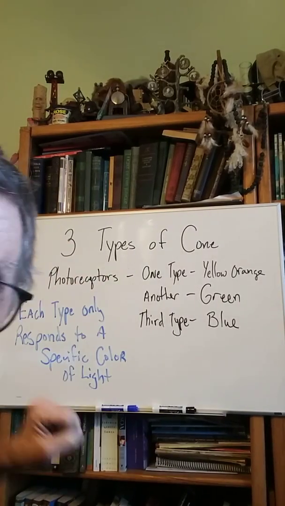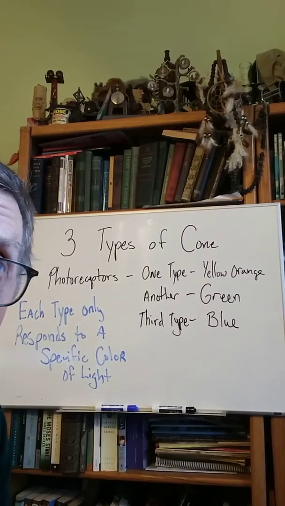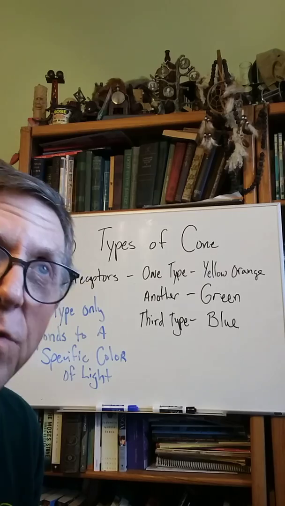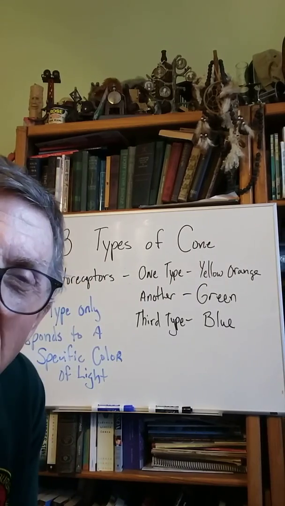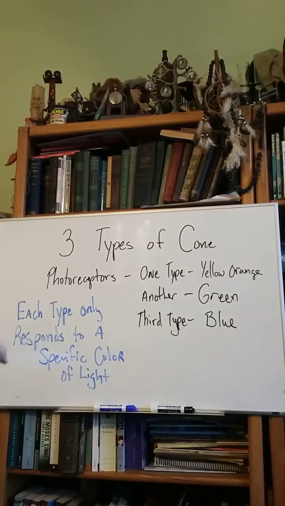Now, with the cone cells, as I'm sure all of you know, we have color vision. So how does that work? How on earth can you distinguish colors? Well, it's by the receptors. We have 3 different kinds of cone receptors.